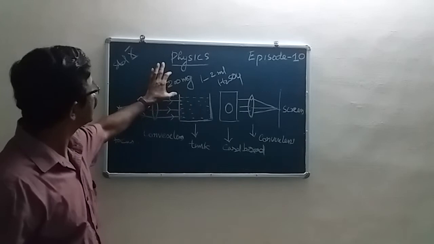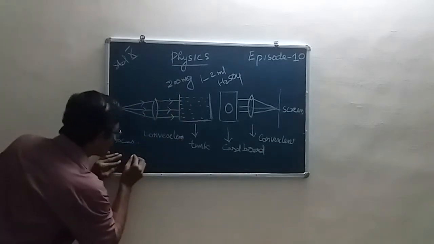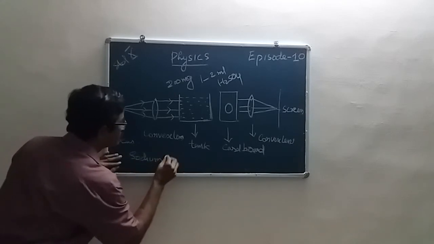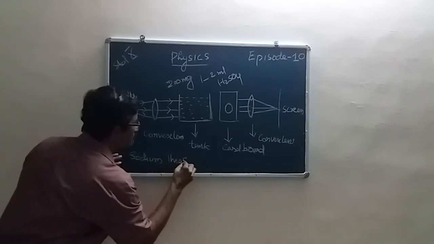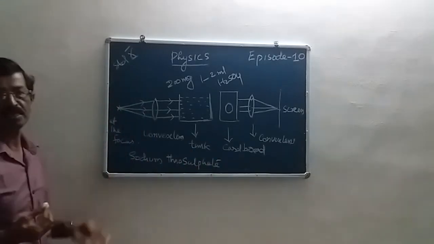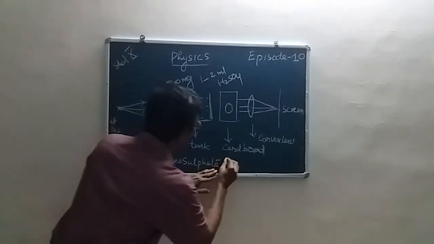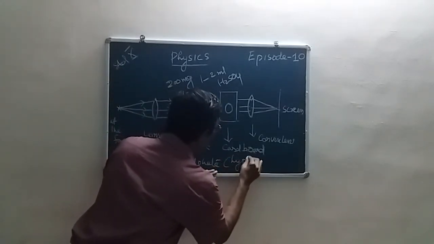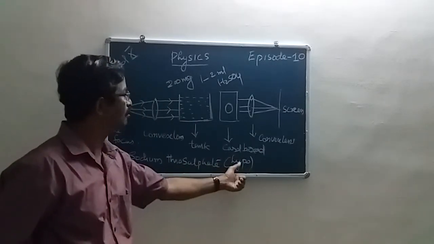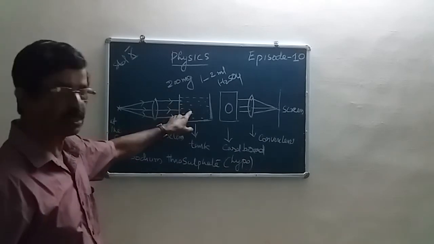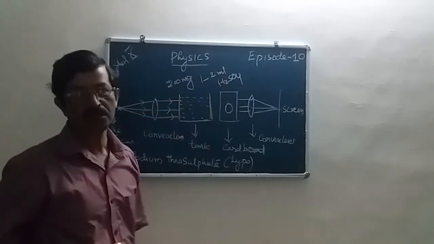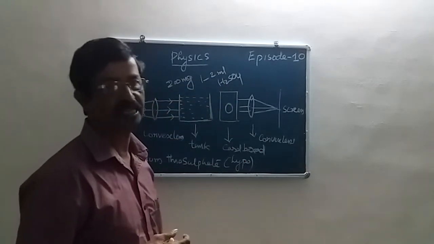Sodium thiosulfate is otherwise also called hypo. Then 1 to 2 ml of concentrated sulfuric acid.